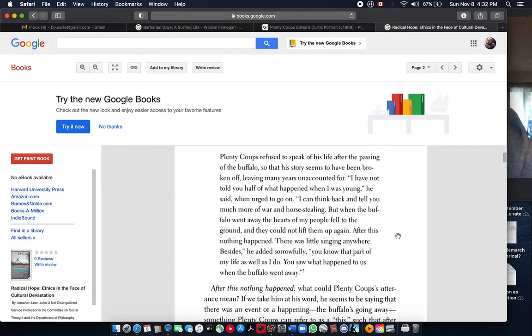"I can think back and tell you much of war and horse stealing, but when the buffalo went away, the hearts of my people fell to the ground, and they could not lift them up again. After this, nothing happened. There was little singing anywhere besides." He added sorrowfully, "You know that part of my life as well as I do. You saw what happened to us when the buffalo went away."